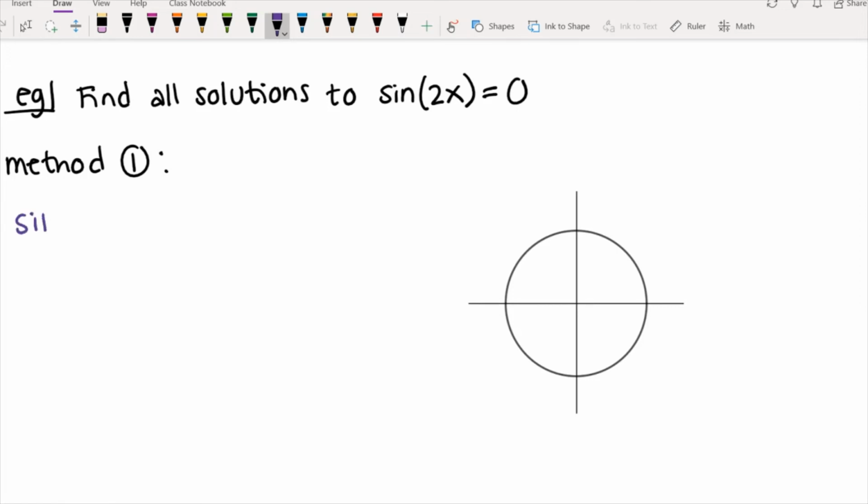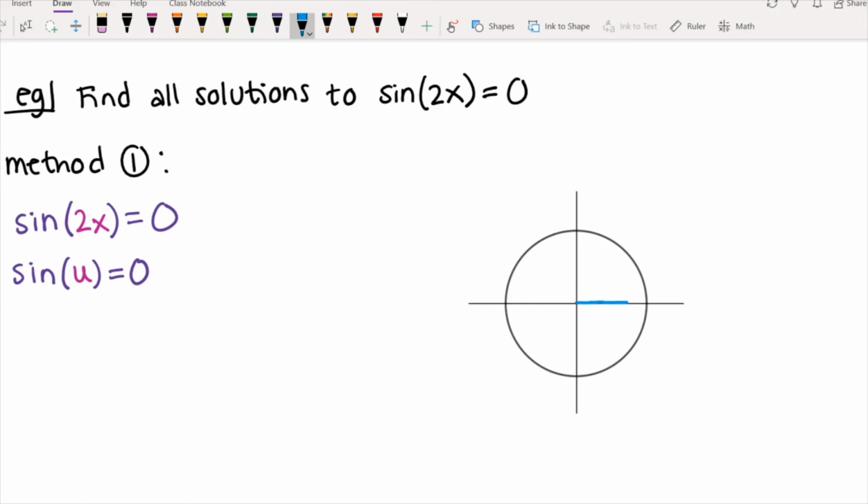So if we have sine of 2x is equal to 0, that tells us that, well, okay, we're trying to solve sine of some angle is equal to 0. And so where is sine of an angle equal to 0? Well, that's going to happen when we have a y-coordinate of 0.